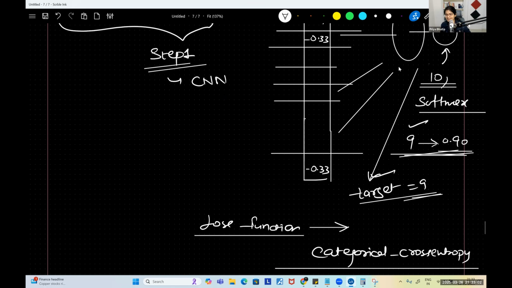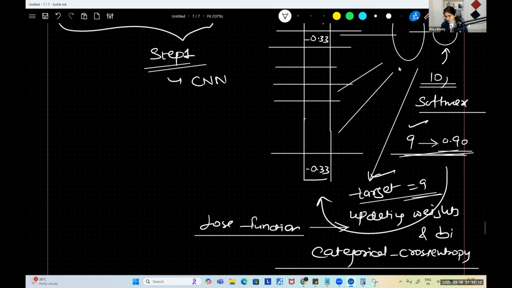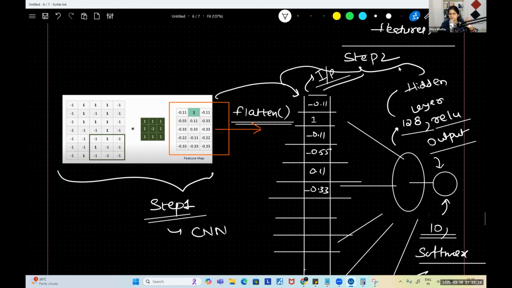When I say back propagation, we are updating the weights and biases. I hope you all remember my previous discussion sessions. The concepts we have covered in neural networks, the same concepts you have to apply over here. Forget about the feature map now. Now you have a normal neural network.